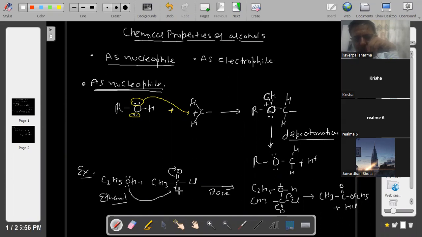Ethanol will attack on ethanoyl chloride. Ethanoyl chloride has an electron deficient carbon, in such a way C2H5OH, CH3COCl, CH3CO, then C2H5. So this is esterification. You will get ethyl ethanoate. This is the ester. Right?